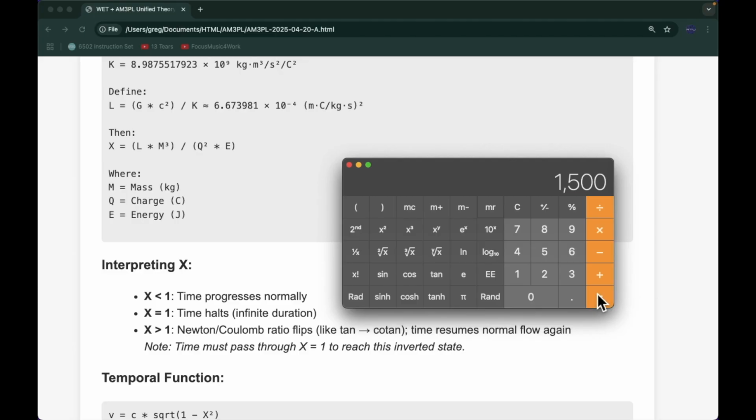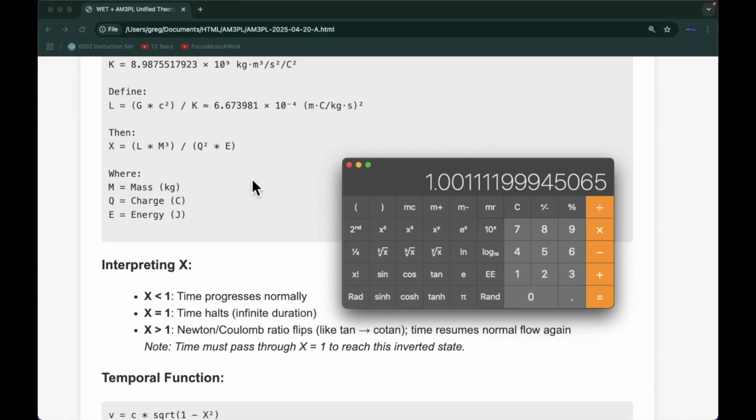And then we multiply that by our L value. Equals. Look at how close to 1 it is. We're aiming for 1 exactly.